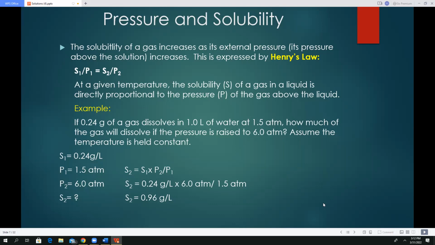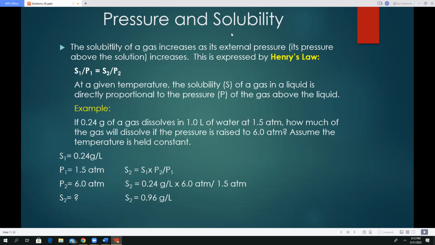So at a given temperature, the solubility of a gas in a liquid is directly proportional to the pressure above the liquid. Here's an example of Henry's law: if 0.24 grams of gas dissolves in 1 liter of water at 1.5 atmospheres, how much of the gas will dissolve if the pressure is raised to 6?